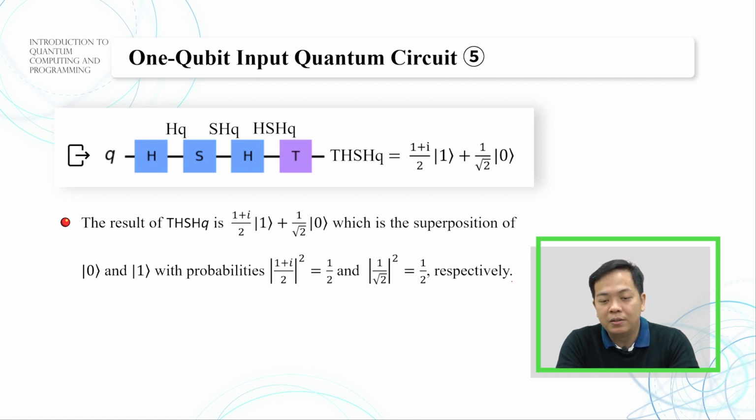This is different from classical computing, because in classical computing one state can only be 0 or 1, not both values at the same time. But in quantum computing, they can have both values at the same time. It's called superposition.